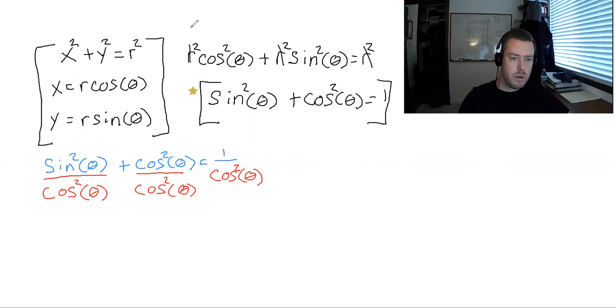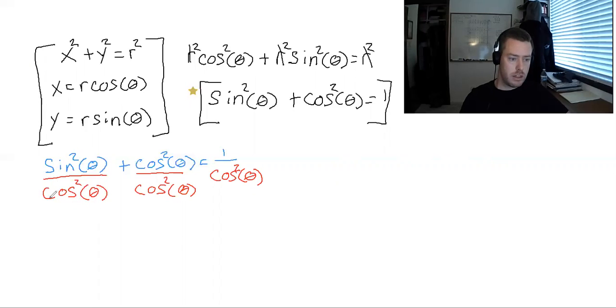Cool. So it's at this point where this whole thing should look a little interesting to you. If you remember your really early trig identities, you should recognize that sine squared over cosine squared happens to be equal to tangent squared.